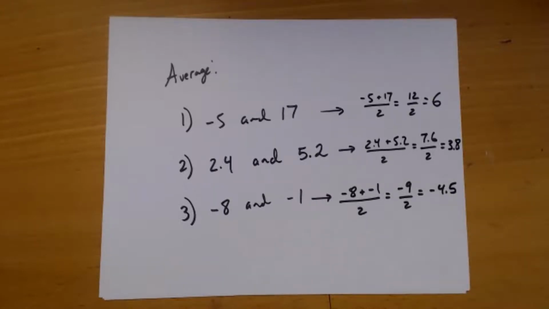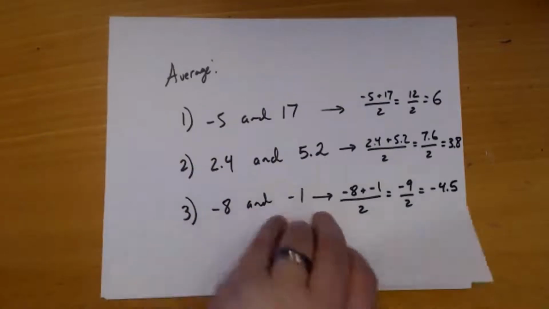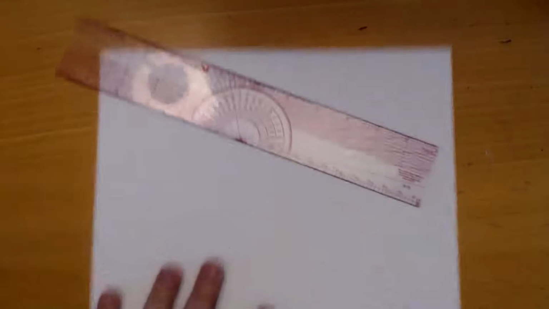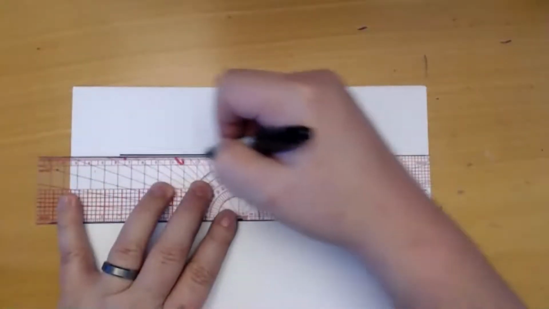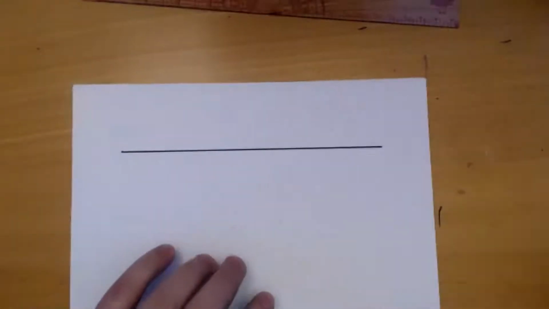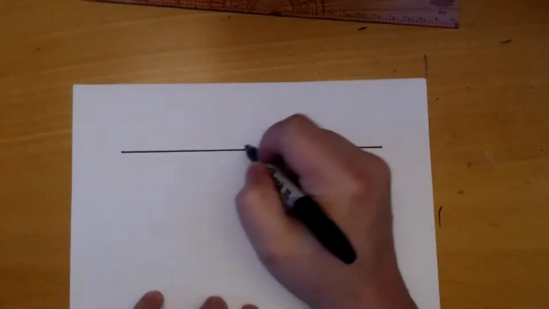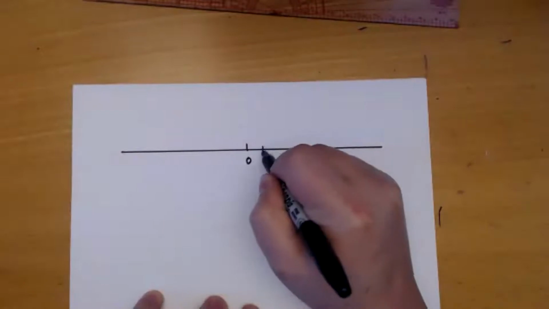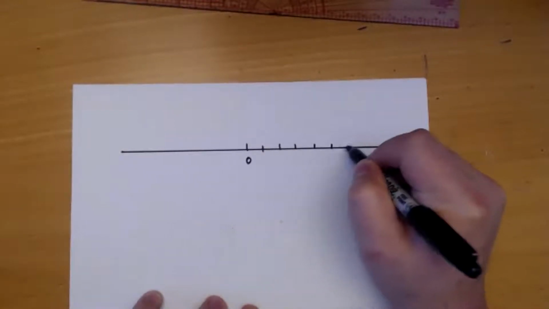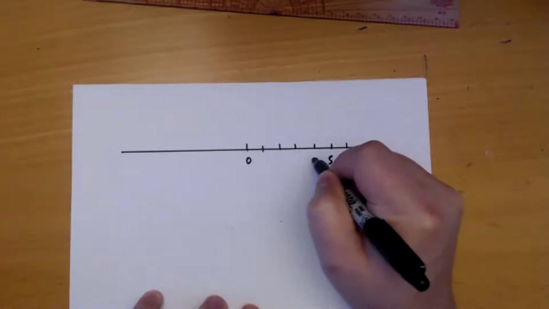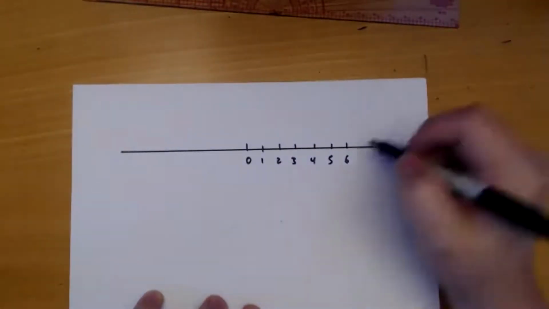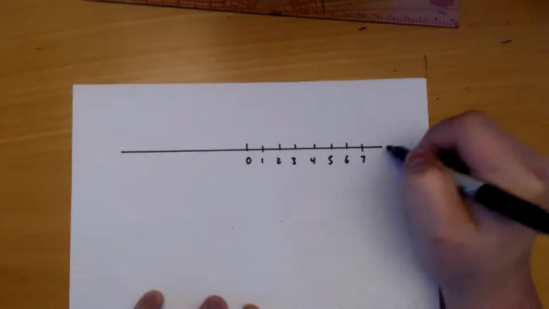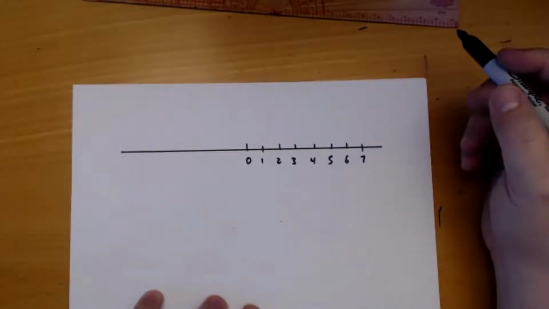All right. So let's think about a number line. And I'm just going to take this out to 7. All right.